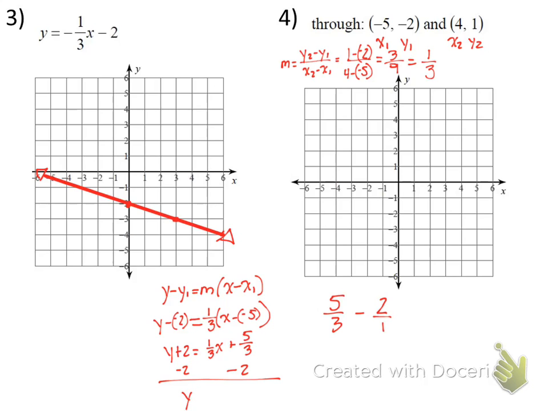You need a common denominator. So it's like saying 5/3 minus 6/3, which is negative 1/3. Right? So your answer is going to be y is equal to 1/3 x minus 1/3. Okay? And then you graph it.